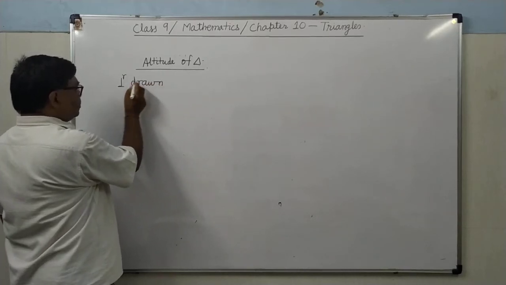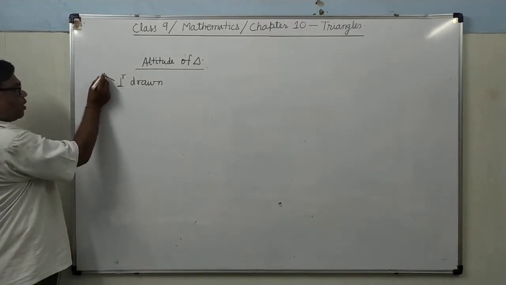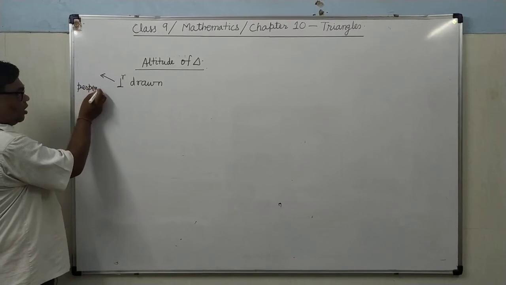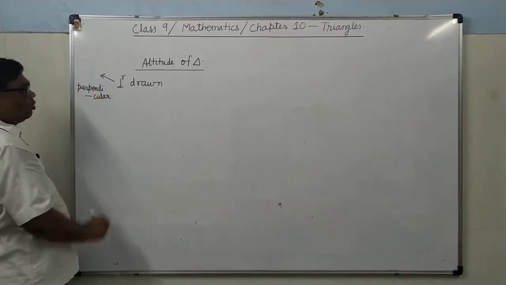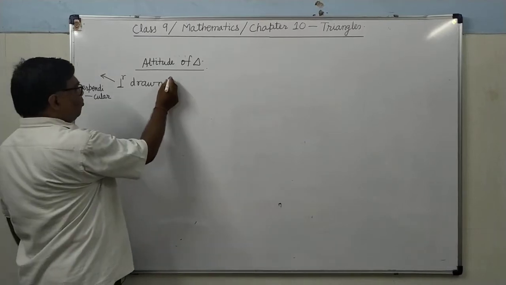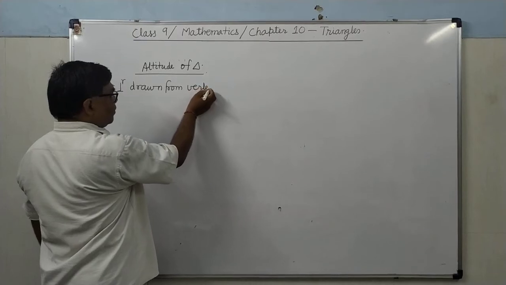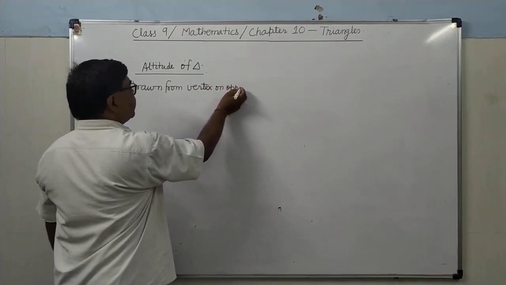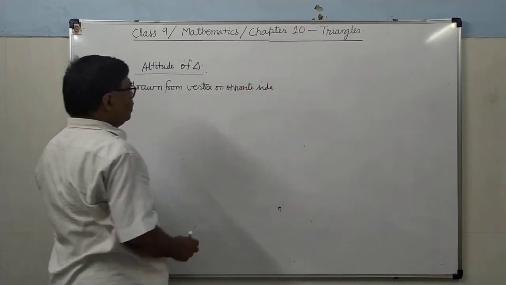This symbol means perpendicular. So the perpendicular drawn from a vertex on the opposite side is known as the altitude.